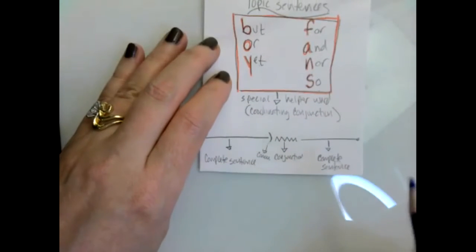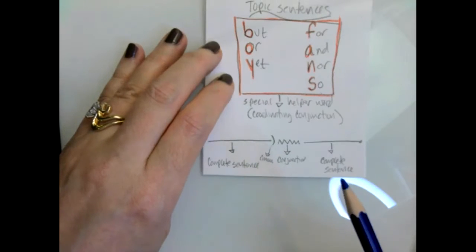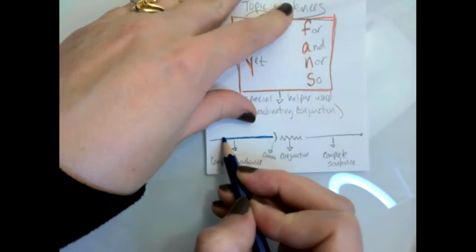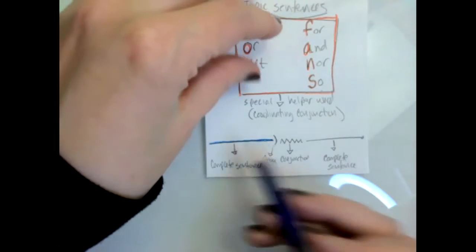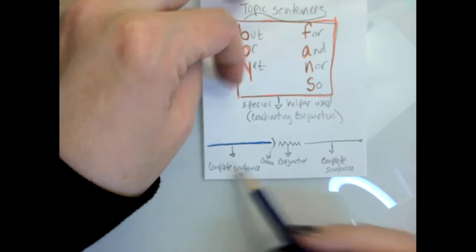So I like to use blue. I've just stuck with blue all these years when identifying for a child, or a child is identifying for me, where they have an independent clause and a dependent clause. And so we want to go over the blue, and I use green for dependent clauses. So independent means stands alone. It's its own independent thought, complete sentence.